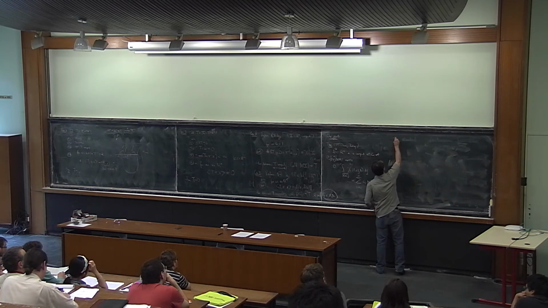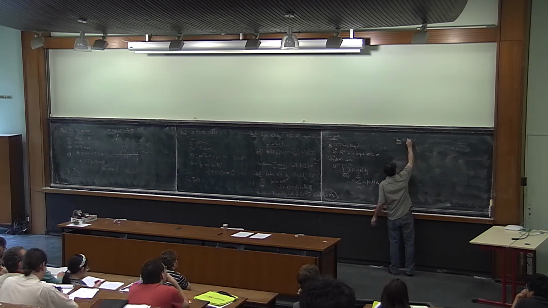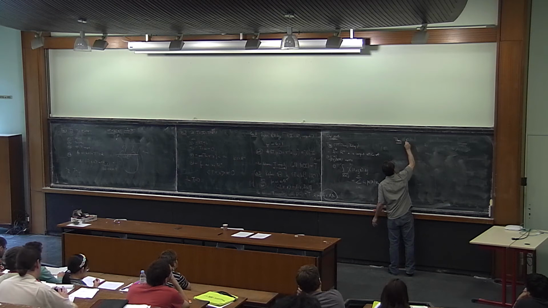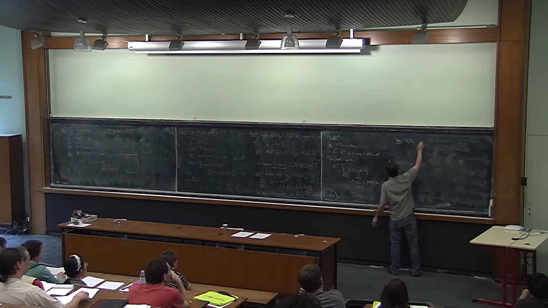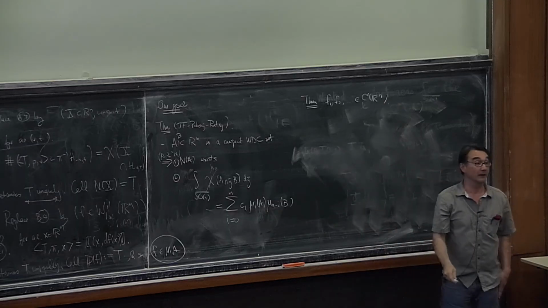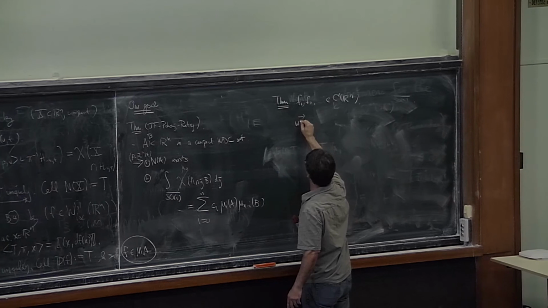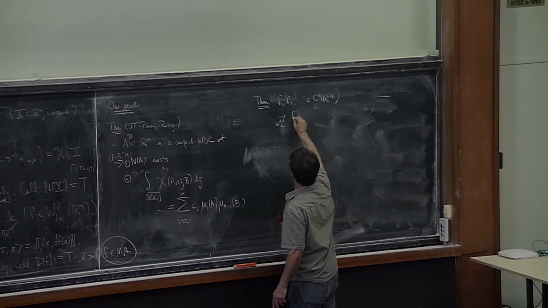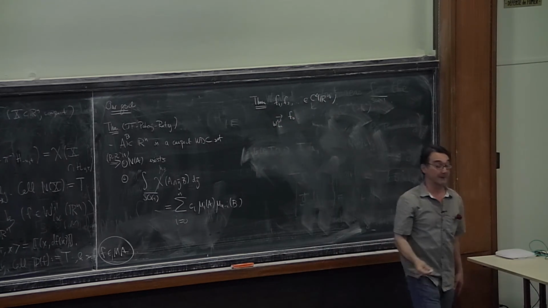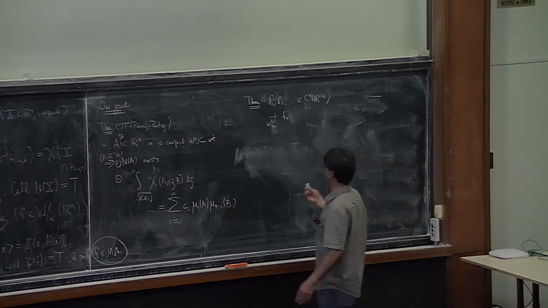So here's a theorem. Suppose I've got some C2 functions on R^n, and suppose that they converge in W^{1,1}_loc to some function f_0. I want to impose a family of conditions.